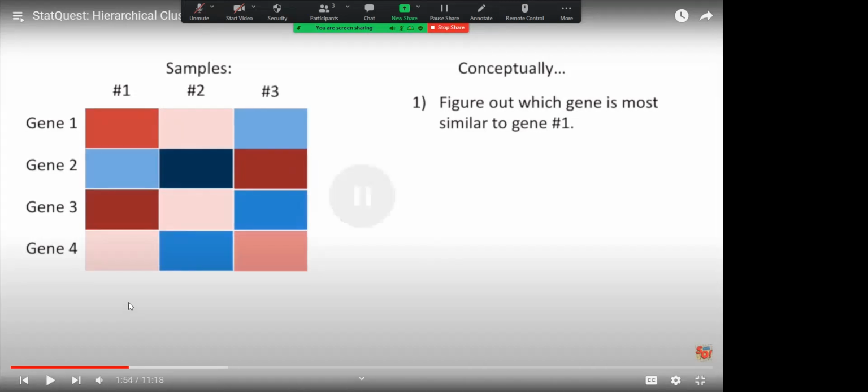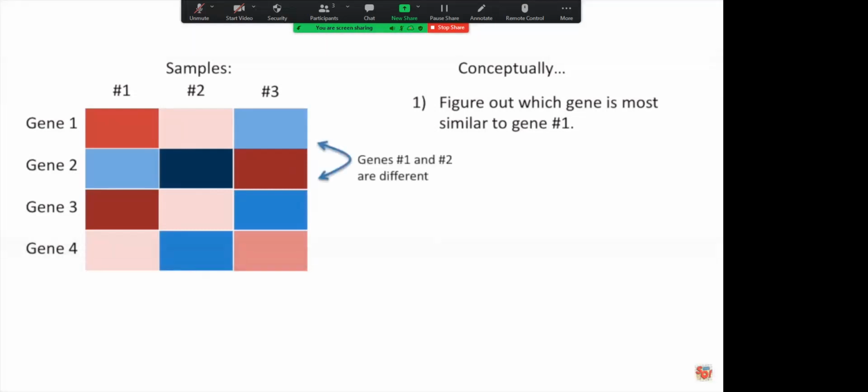Is to figure out which gene is most similar to gene number 1. Genes number 1 and 2 are different. We can tell because the colors are very different. Gene 1 is highly expressed in sample number 1, so it has a red color. Gene 2, however, is not highly expressed in sample number 1, so it has a blue color.